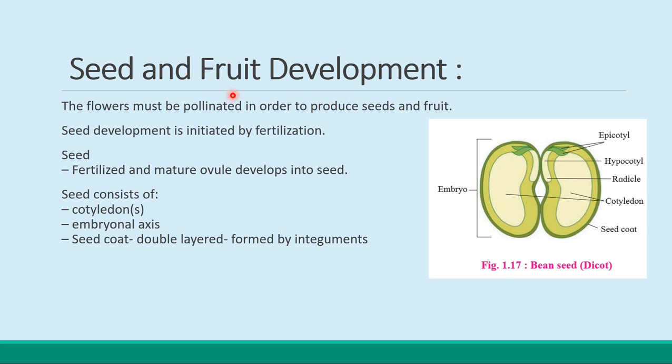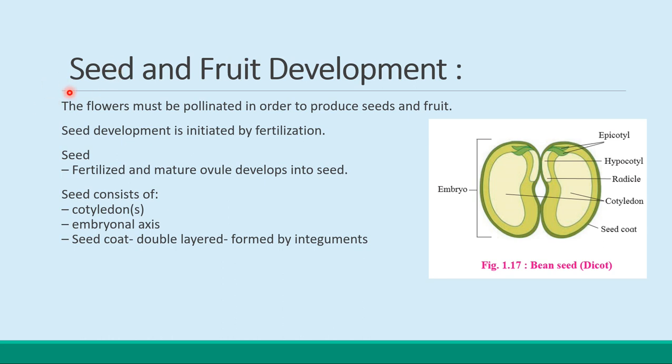The flowers must be pollinated in order to produce the seeds and the fruit. That means seeds and fruits are the offspring of the plant. That's why the flowers must be pollinated in order to produce the seeds and the fruits.